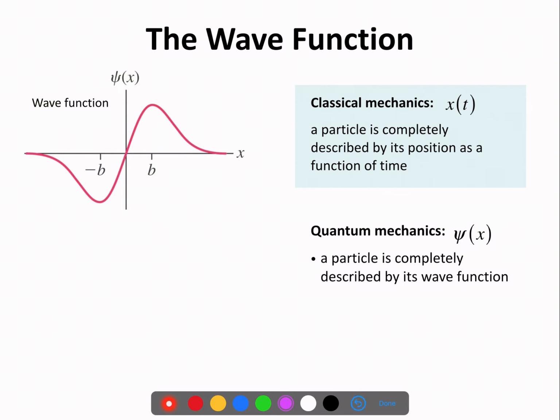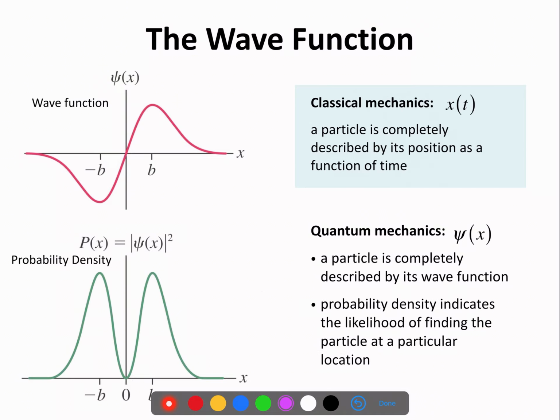Now this is a little bit weird when you're thinking about the macroscopic world, because usually when we have an object, we pretty much know where it is. So anyway, a particle is completely described by its wave function. The probability density indicates how likely you are to find something in a particular location. If you look at the wave function, it's likely to find things at b or negative b.